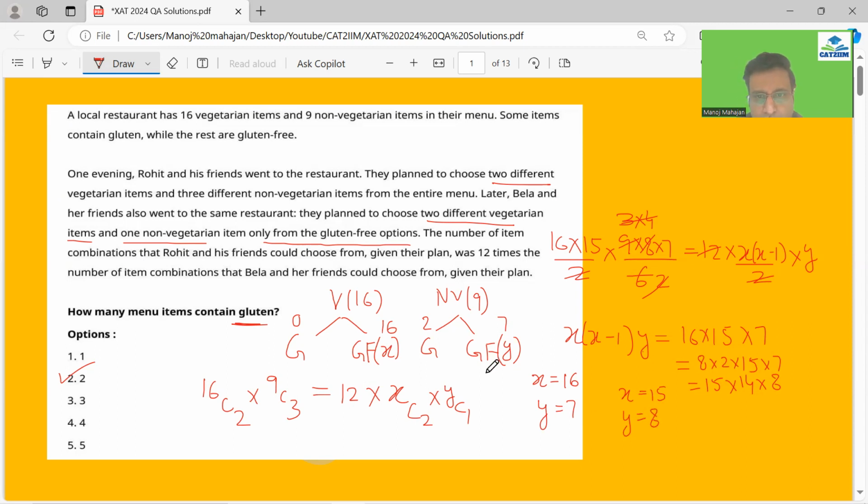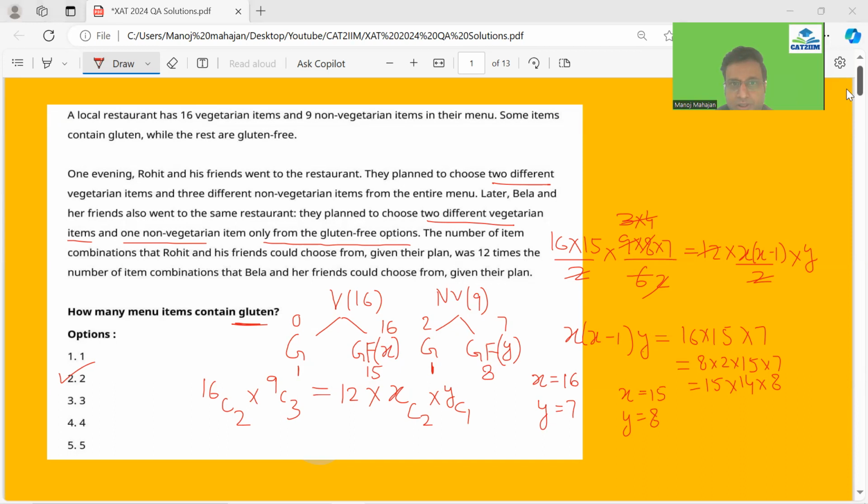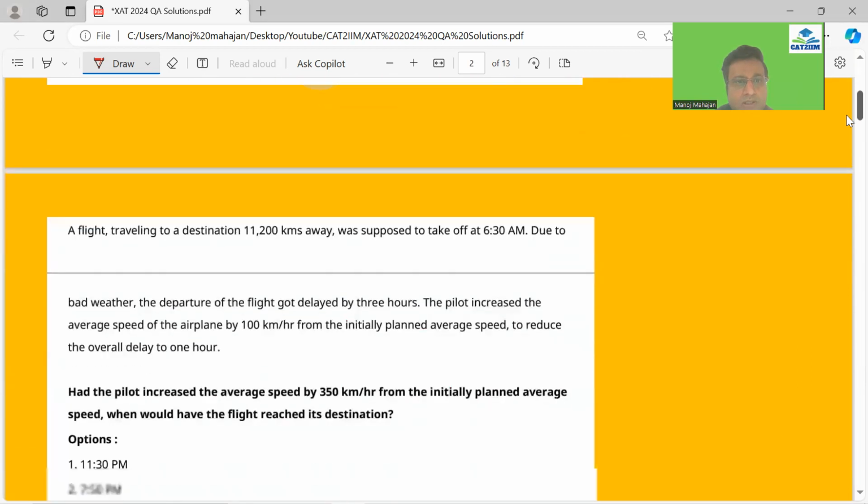If I go with that solution also, the number of items which contain gluten would come out to be the same again. If this is 8, this would be 1. If this is 15, this would be 1. So either I do 0 plus 2, that is 2, or 1 plus 1, that is also 2. So it's an interesting question which the XAT authority has asked you. Good one, right? Let's come to the other one.